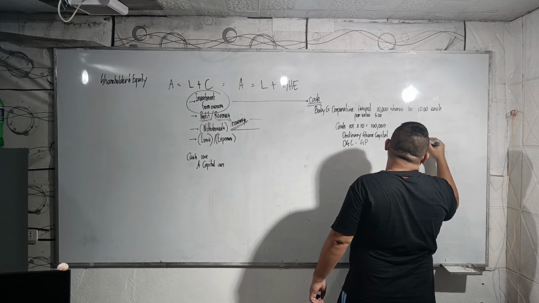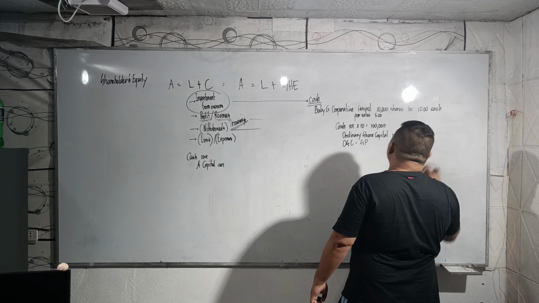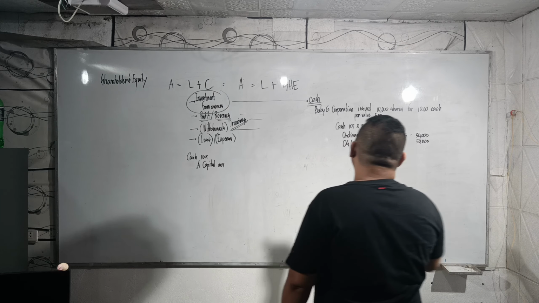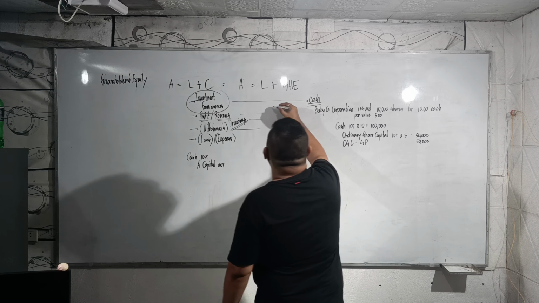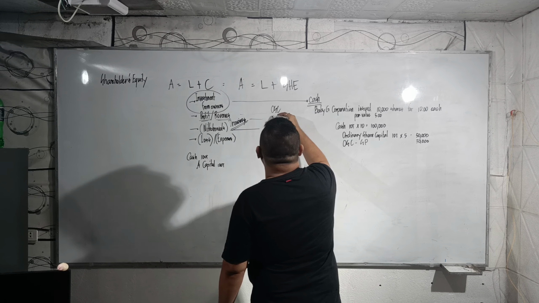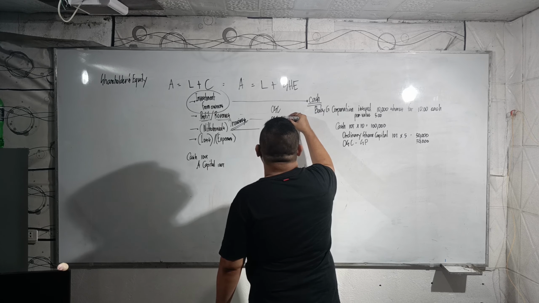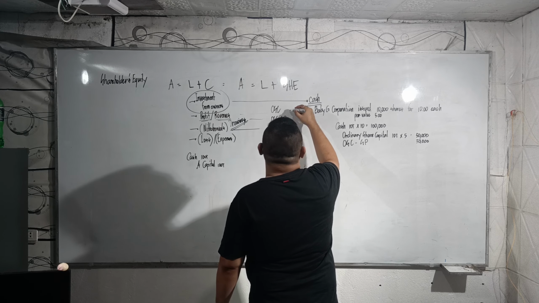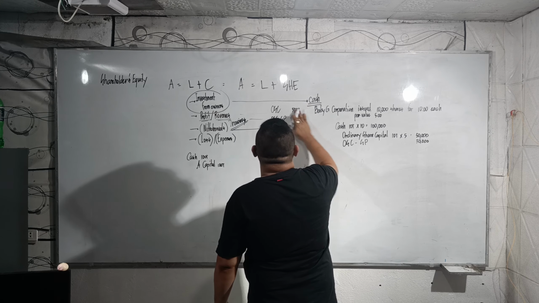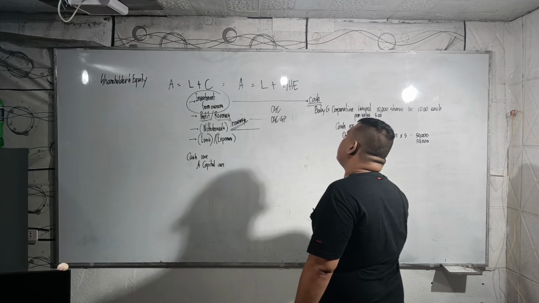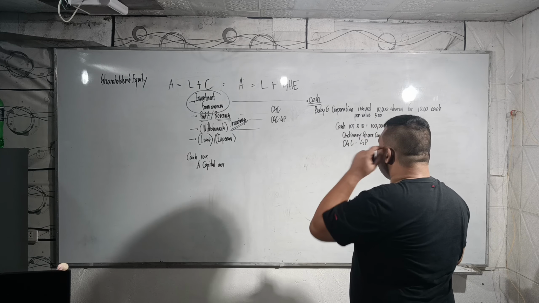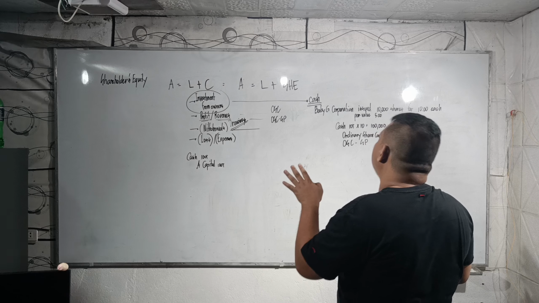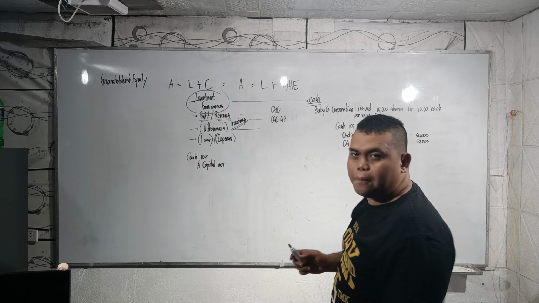We have 50,000. It's easy, right? So on the shareholders' equity, you can put right here the ordinary share capital and OSC share premium. In this case, that's 50,000 and 50,000. The point is, you already know that there are account titles, ordinary share capital and share premium, in the shareholders' equity.